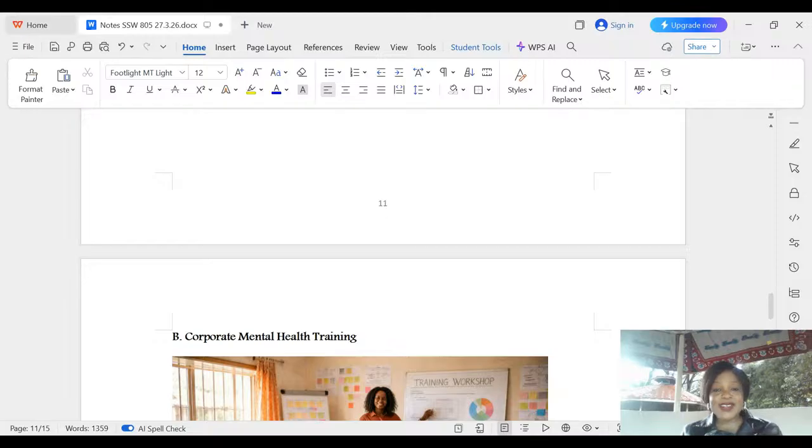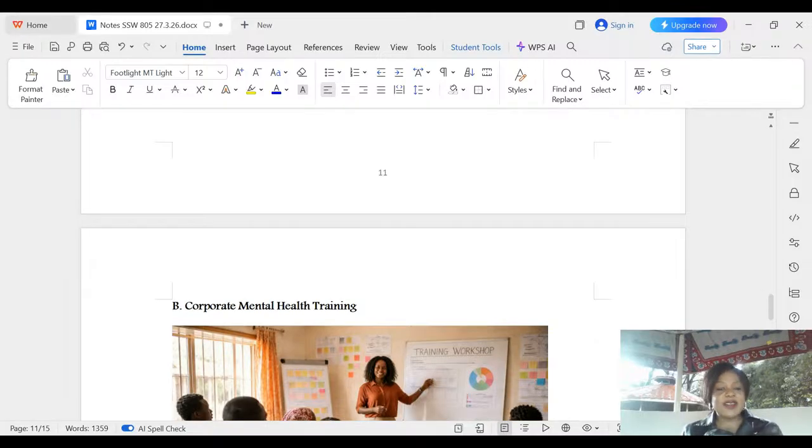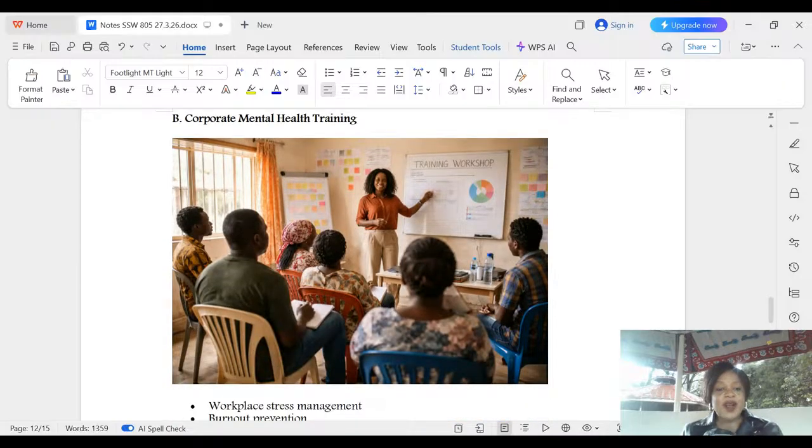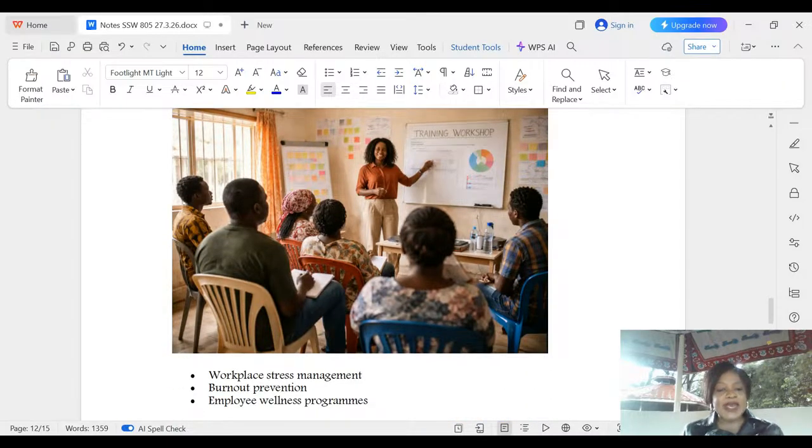Again, in terms of consultancy and self-employment, you can get into corporate mental health training for organizations, non-profit organizations, profit-making organizations, all kinds of organizations where there are people who need training on mental health. You can train on workplace stress management, burnout prevention.